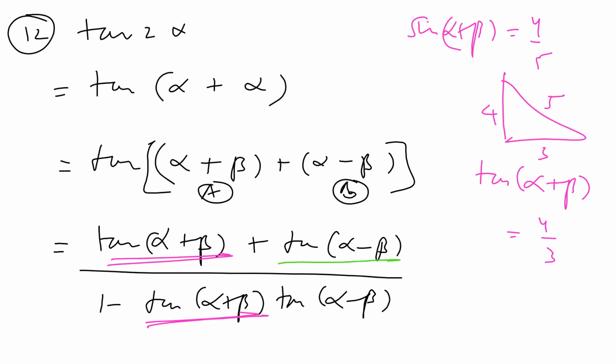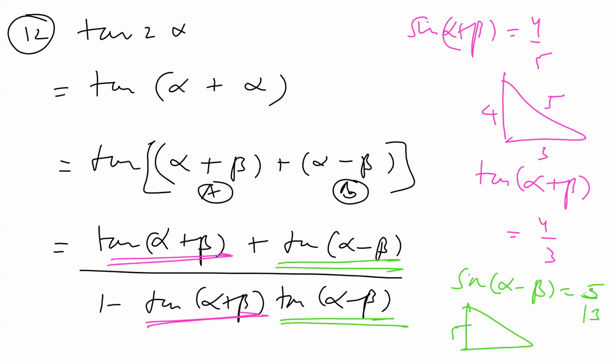Similarly, calculate tan alpha minus beta from sin alpha minus beta using the triangle method. So sin alpha minus beta is equal to 5 by 13. 5 and 13, so this will be 12.